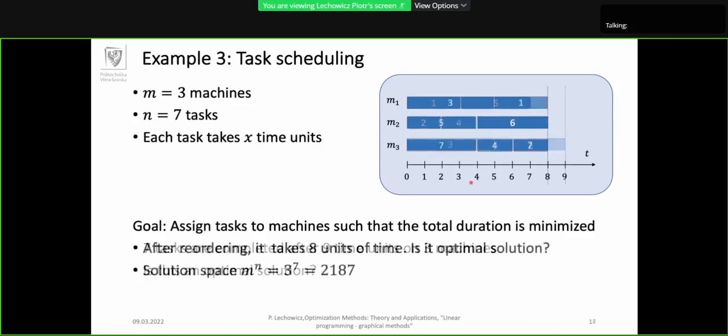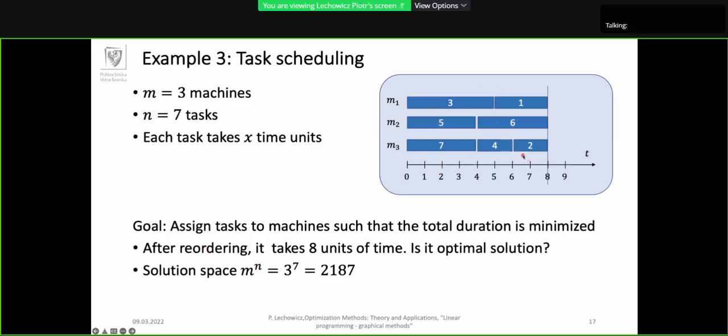And obviously it's not. It's easy to create a solution which has lower objective function, lower total duration. So after ordering, it requires 8 units of time.